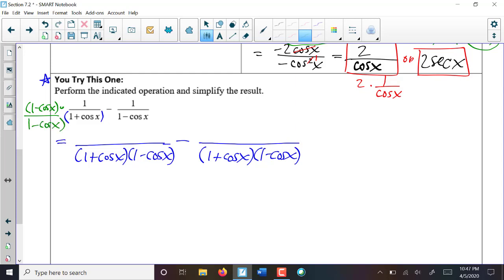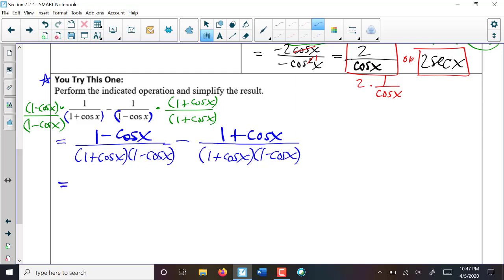Here I have a little bit more room to write it. So in the numerator, this one's a little nicer. 1 minus cosine x times 1 is 1 minus cosine x. Okay, over here, the factor that I'm missing is 1 plus cosine x. And so I go ahead and multiply the numerator. 1 times 1 plus cosine x is 1 plus cosine x.